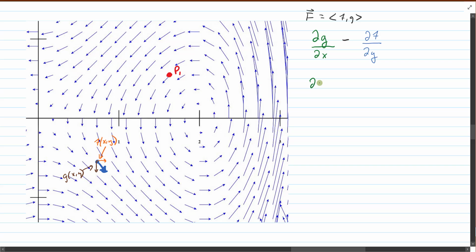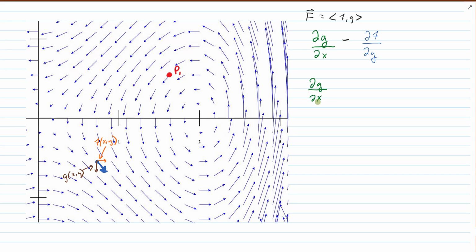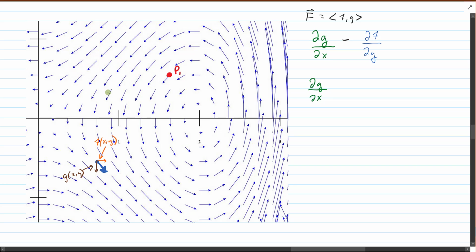So focusing just on partial g, partial x, let's see what's going on at point P1. As a reminder, when you take a partial derivative with respect to x, the way we think about that is we fix the y coordinate and then we run over a swath of x coordinates. So I'll go ahead and sketch that.